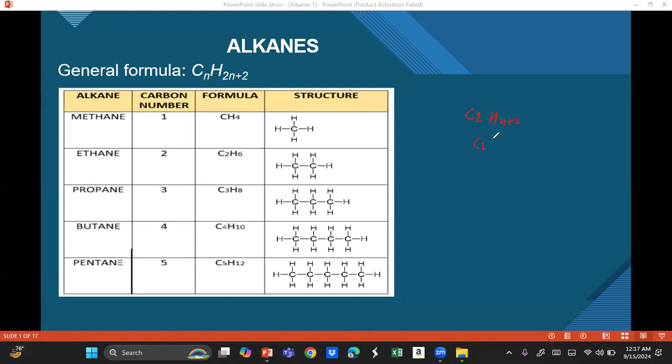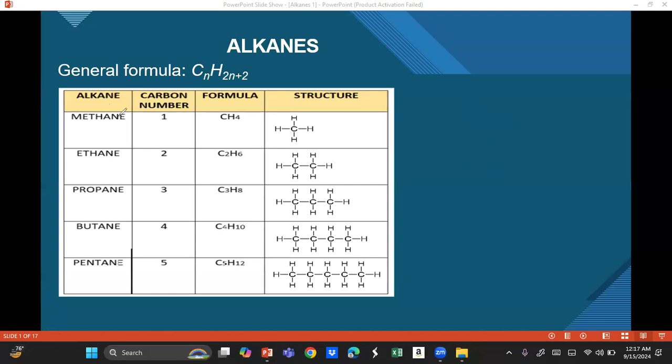It will be C2H6. Similarly, if carbon number is 3, H will be 3 twos are 6 plus 2, which gives us 8. This is propane, C3H8, and the other is ethane. This is the general formula for making the molecular formula of alkanes. Okay, hope you understand.